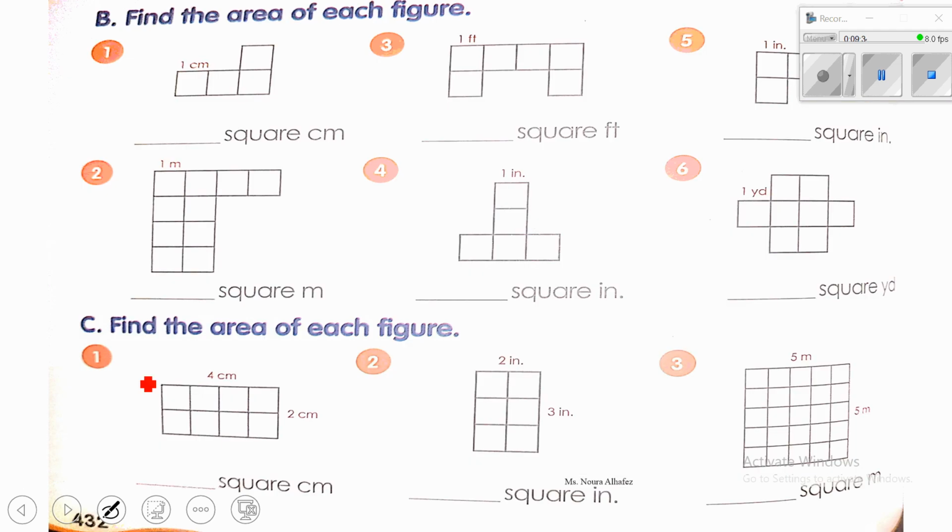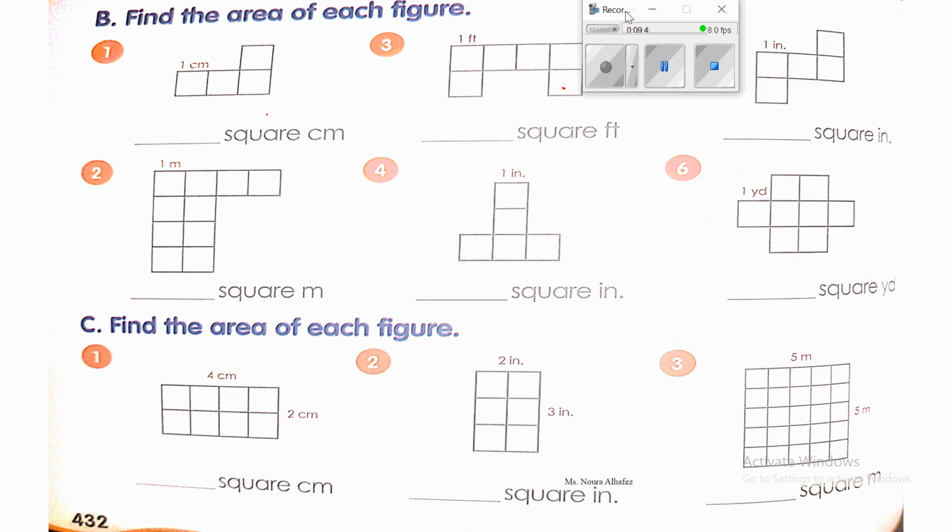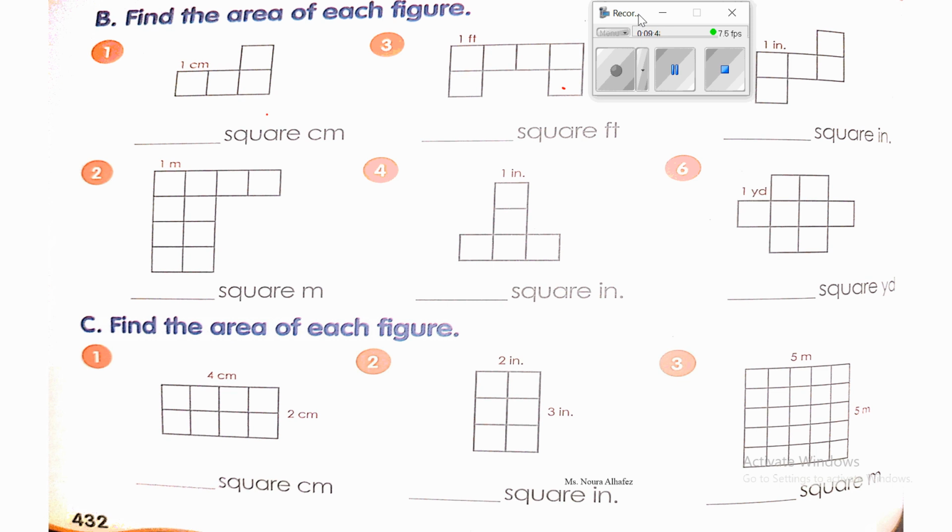Here, find the area of each figure. This is the composite shape. I have to count the squares. So here I have to count how many square centimeters this area is. 1, 2, 3, 4.